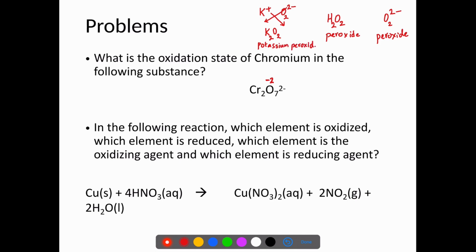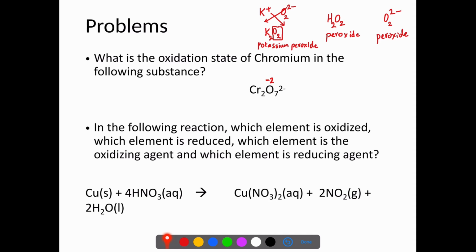That's potassium peroxide. And this is a polyatomic ion here. So this ion here, O2, is a polyatomic ion, and you don't reduce it because we have an ion here. You have two potassiums for every one peroxide ion.